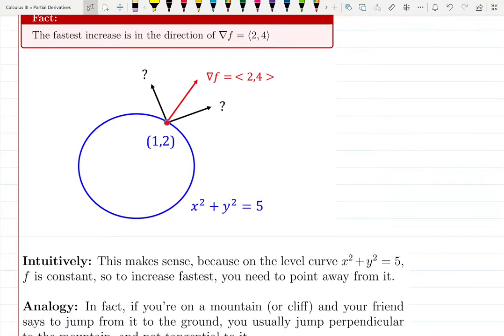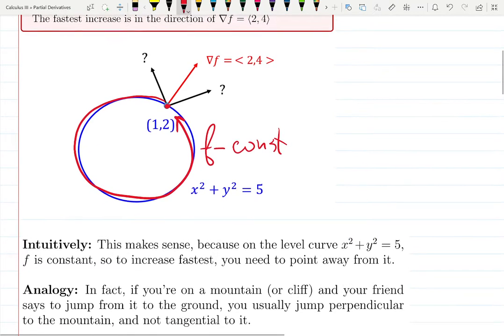Because this is a level curve, x squared plus y squared equals 5. So f is constant when it's on the curve. To get away from being constant as soon as possible, you need to go perpendicular to the constant. So to increase fastest, you need to point away from it.